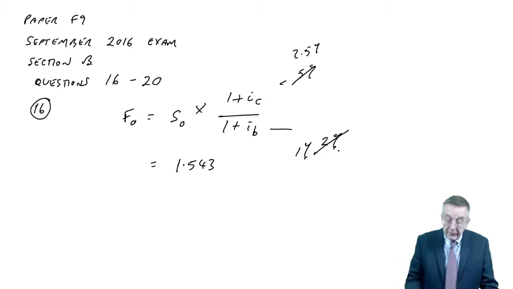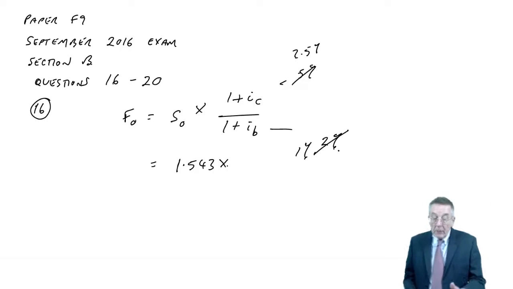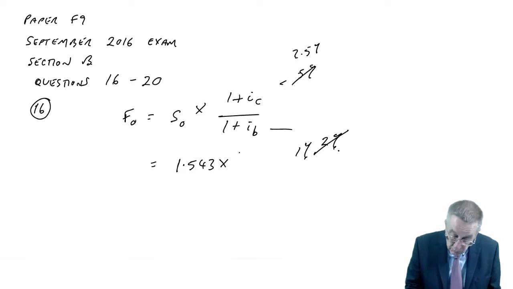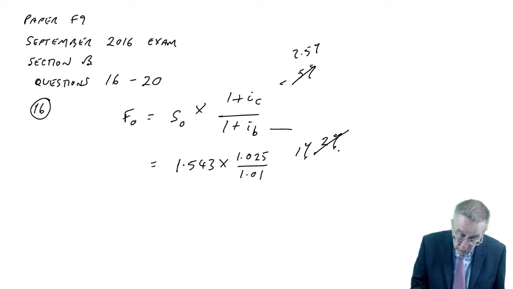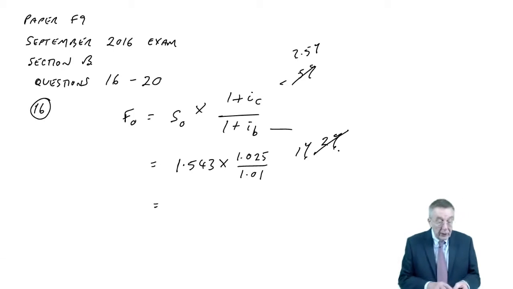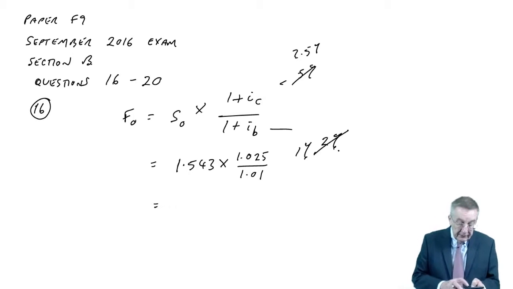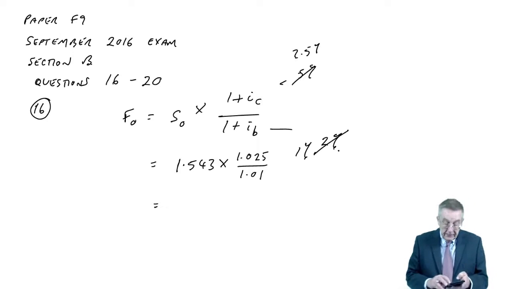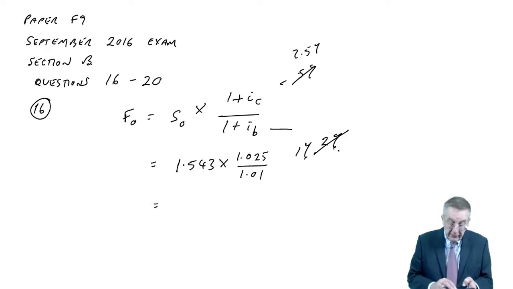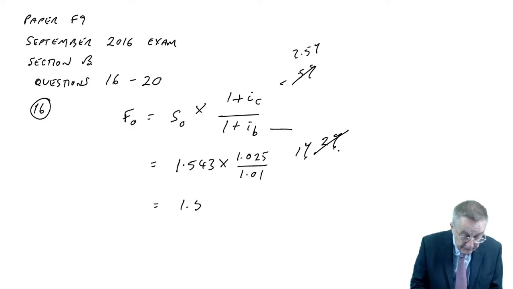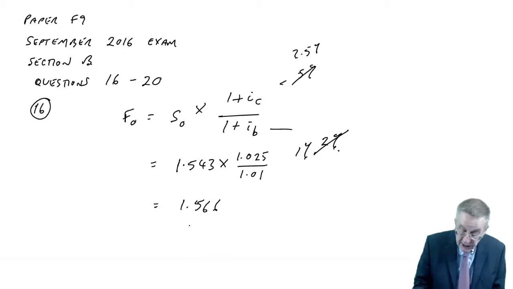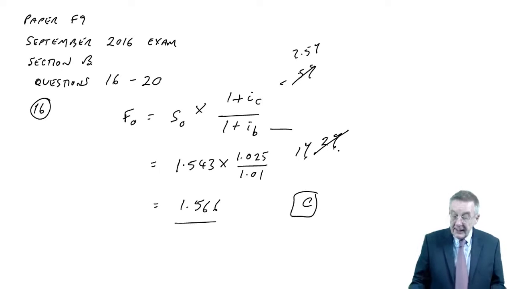So now we can stick it in the formula. 1 plus the euro rate, so 1.025, over 1 plus the dollar rate, 1.01, gives a forward rate, 1.543 times 1.025 divided by 1.01. I get 1.566. Is that one of the answers? Yes, it is. The answer is C.